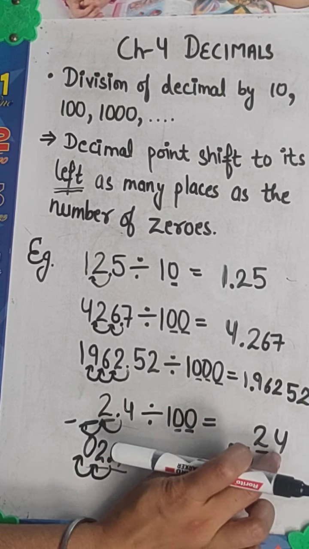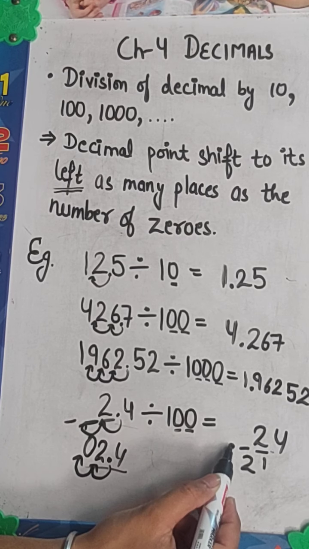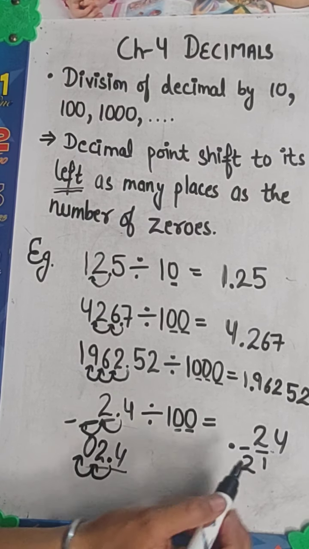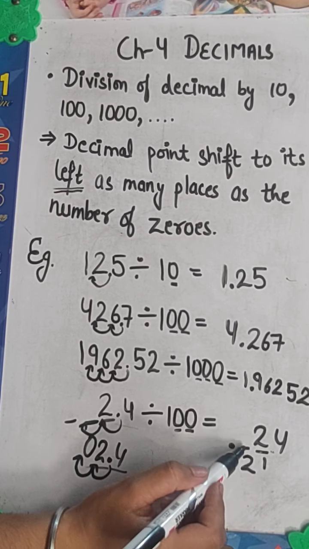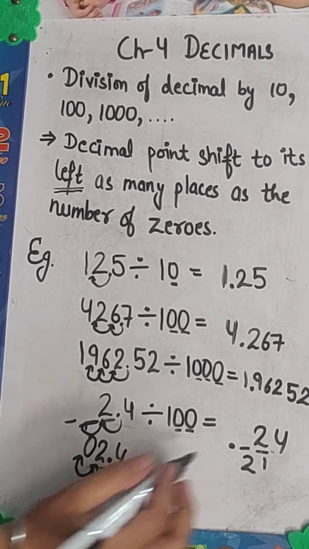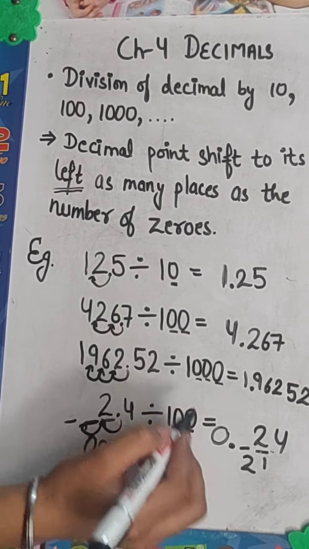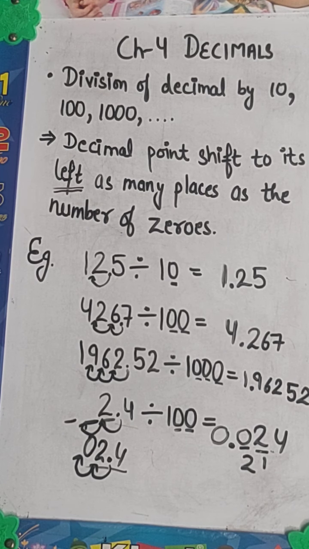As the decimal was here, after shifting the 2 places it will come here. So first place and second place. As you can see, the second place is vacant. So the second place will be taken by 0. So what you have to remember, if any place is vacant with us, अगर हमारे पास कोई place खाली है, that place will be filled by 0.